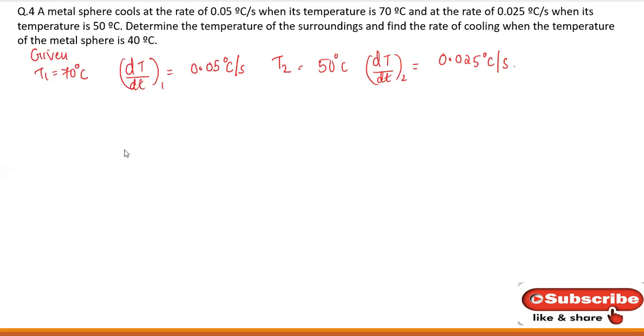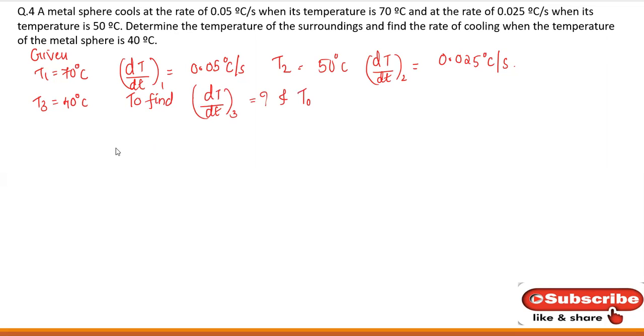We want to find out the rate of cooling at 40 degrees Celsius. T3 is given as 40 degrees Celsius. We want to find dT by dt at 40 degrees Celsius. And we want to find out the surrounding temperature. Let the surrounding temperature be T0. This also we want to find.